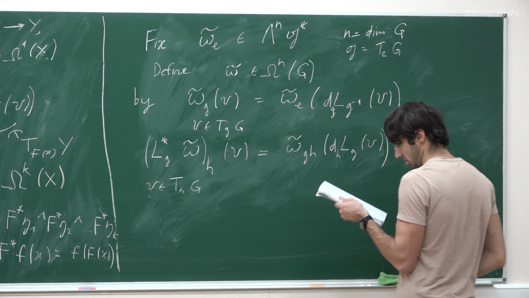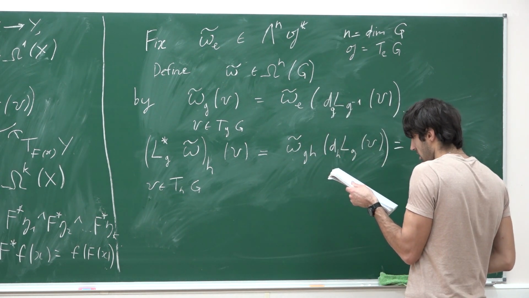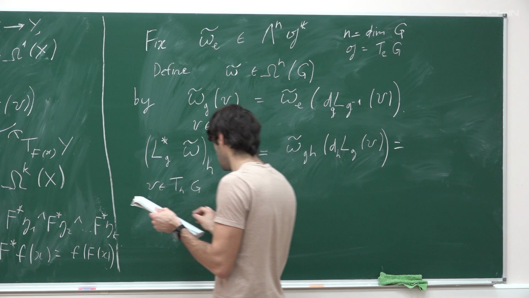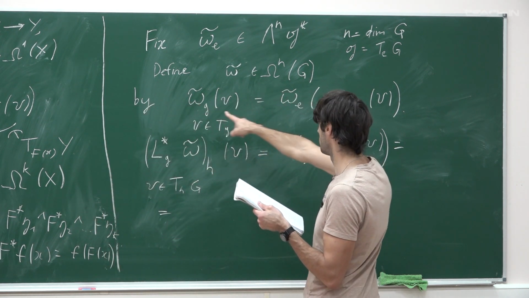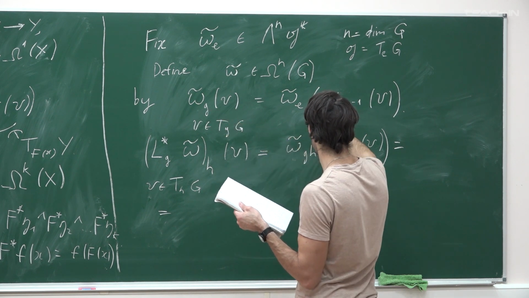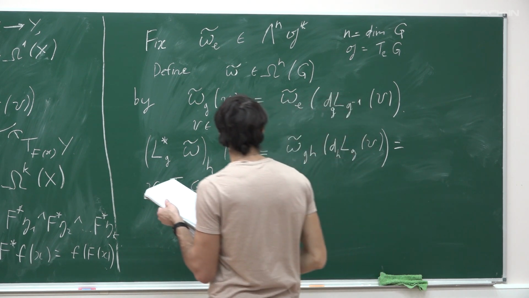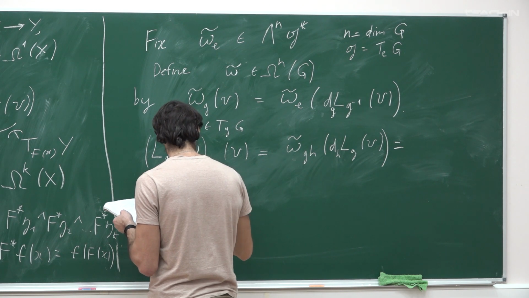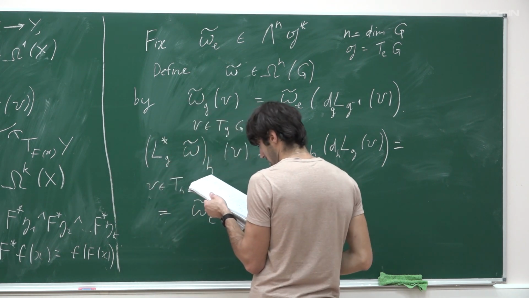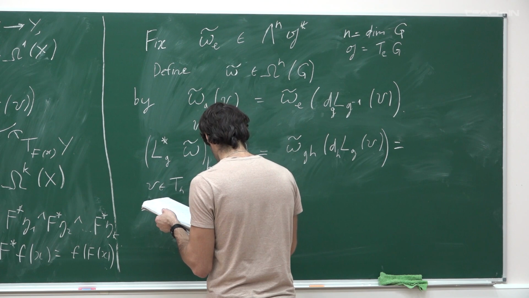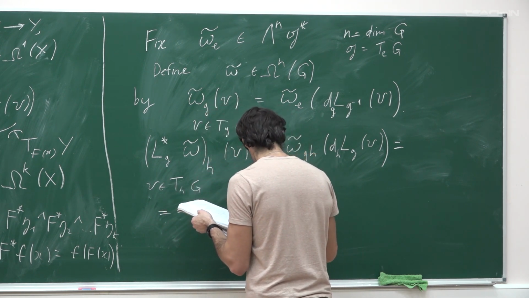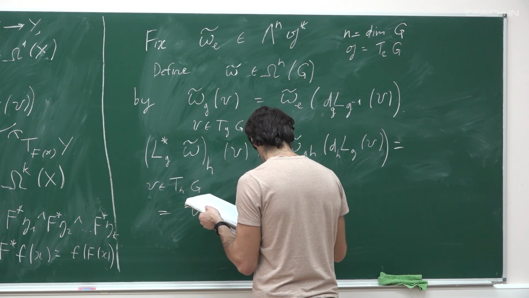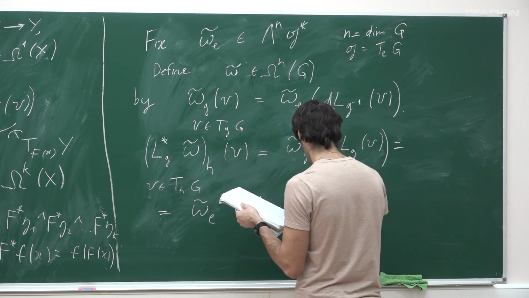But then this I can write now using the definition of omega tilde at gh. So I will have omega tilde e of d L gh inverse, d L g of v.